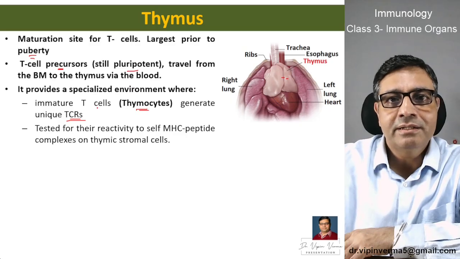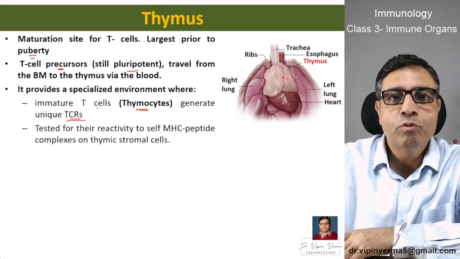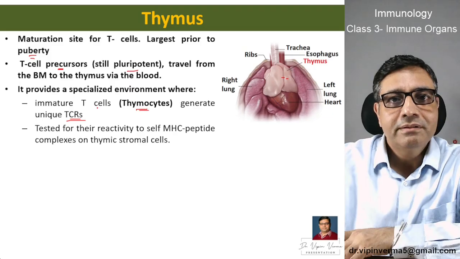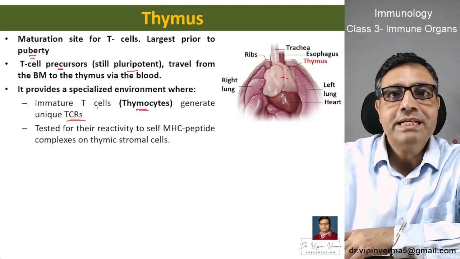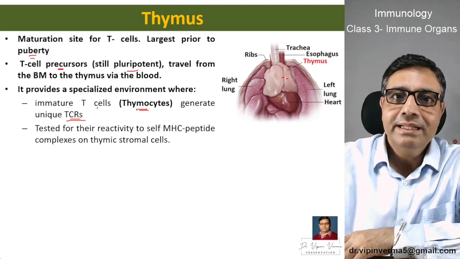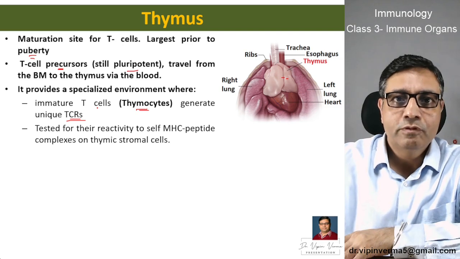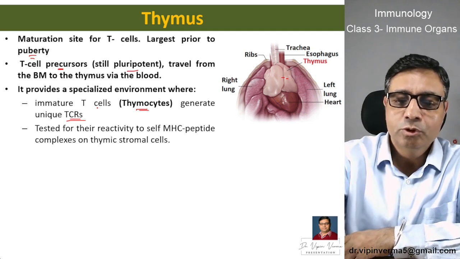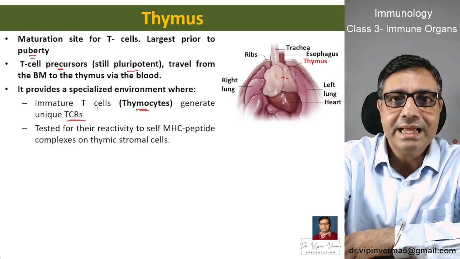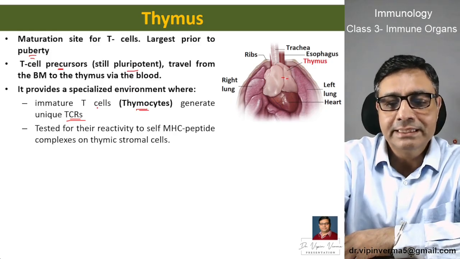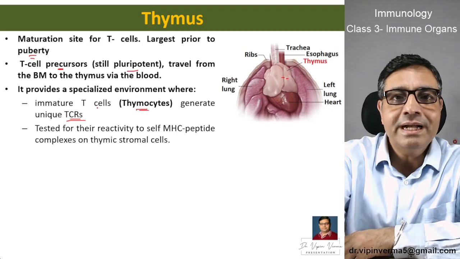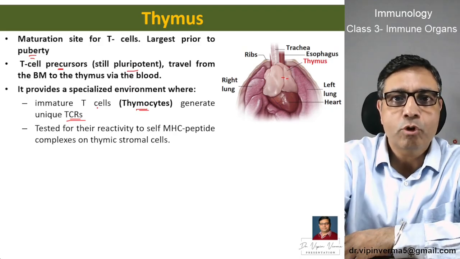They may produce immune dysfunction. But if they are not self reactive, then they are allowed further maturation. So this is known as a quality check, and it is also kind of a selection process.